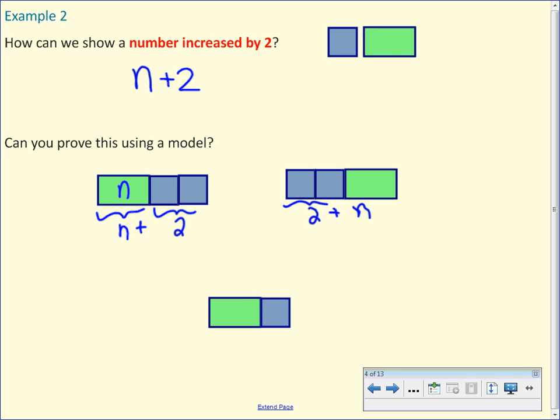You'll start seeing it like that, where that is n and that is 2. Because remember from when we did our ratios and proportions, the units, the boxes, could have different values, right? So we could say that that one box is equal to 2. And does that show n plus 2? Yes, as long as we label that with a 2, we're good to go.